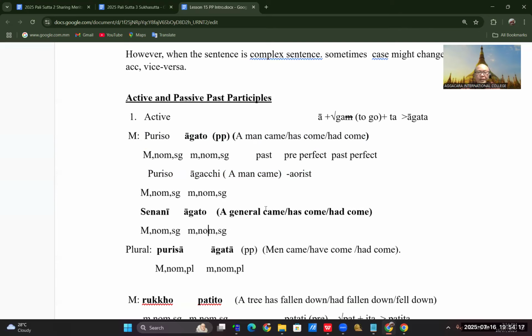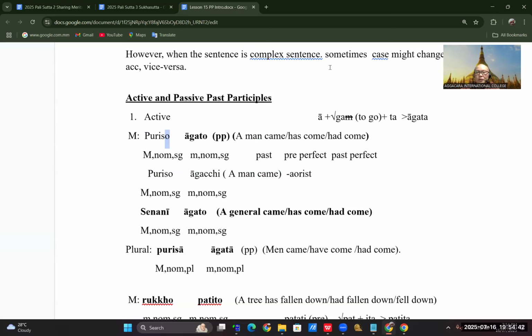So senani agato is a general came, has come, or had come. All right, so far can you follow? If you can't, you had better tell me. Okay, all right. Now, when we want to make it plural, instead of puriso, we change it to purisa. Do you see that? Here, puriso.